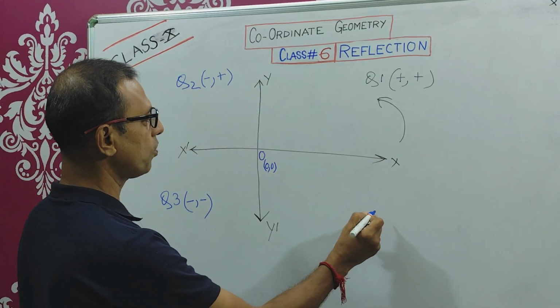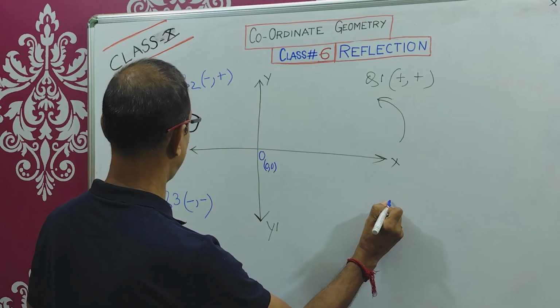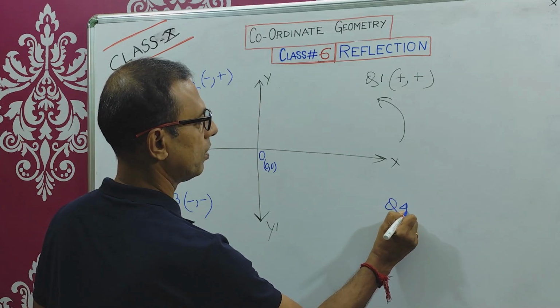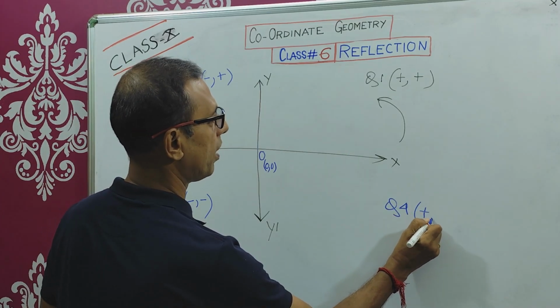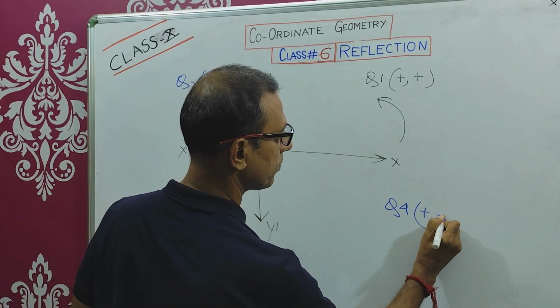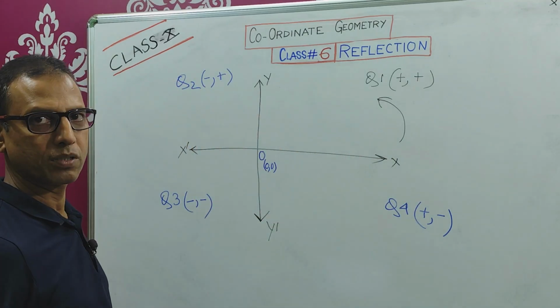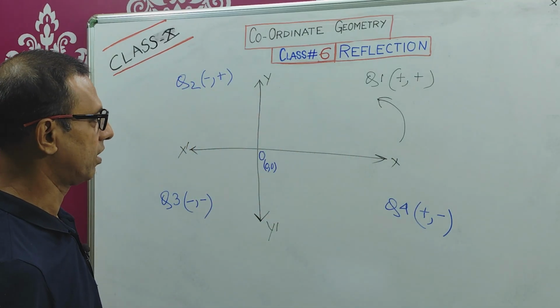And in the 4th quadrant, Q4, right of the y-axis x is positive, but y is below the x-axis, below the origin, so negative. This is one of the main concepts.